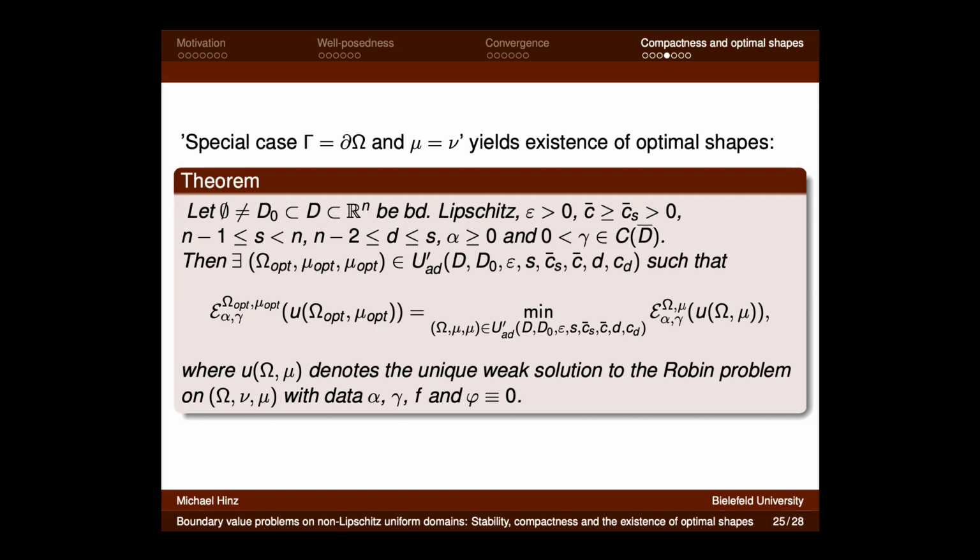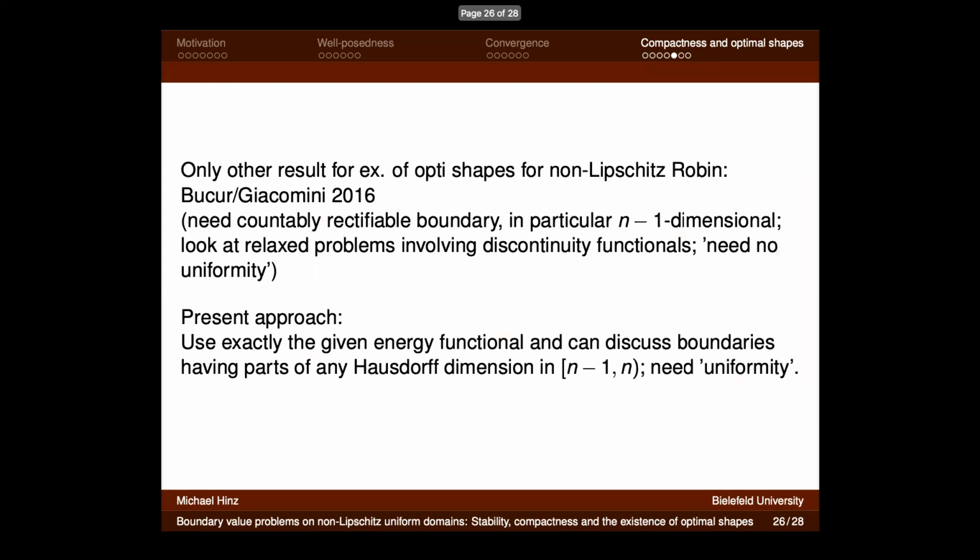So we did not only find optimal omega, but also optimal mu in this larger class. But mu can be quite wild. The support of mu can have any dimension between certain bounds. Practically, we could cover anything between n and n-1. So we made the class very huge, and we observed compactness here.